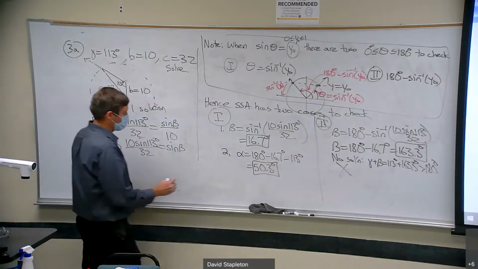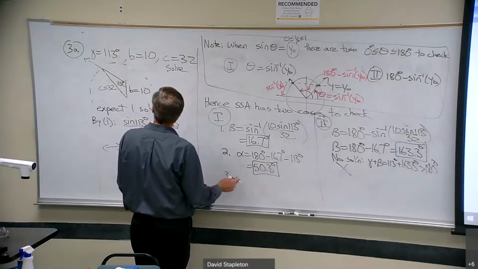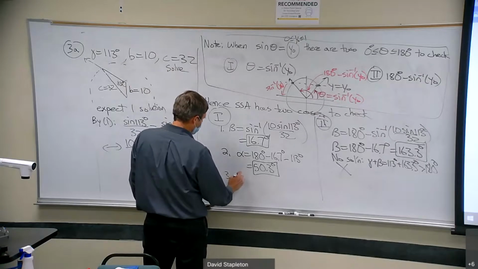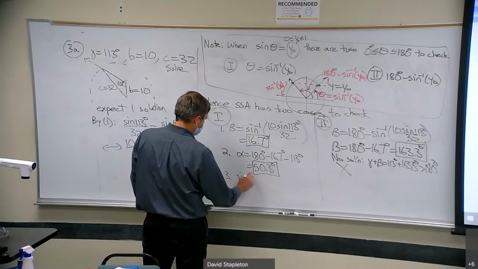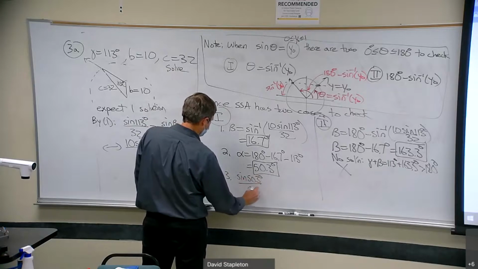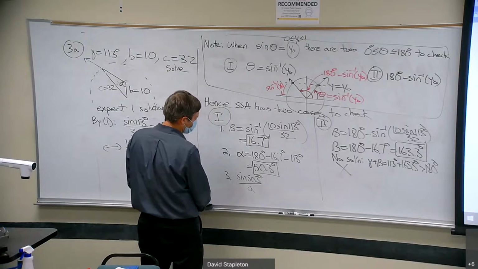Now, finally, in step 3, I want to use 3 pieces of information to find the last side. I've got B and C, I need A. So if I need A, I'll put sine alpha, 50.3, is to A. Oh, you know what's on the bottom? Maybe I should use the law of sines upside down, right?